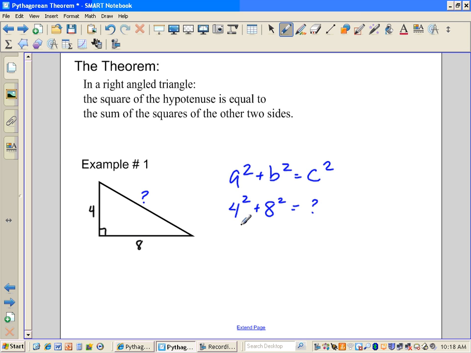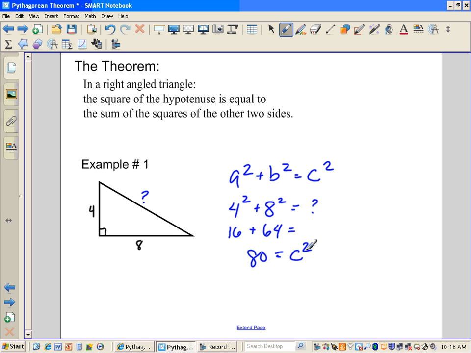Well, 4 squared is 16, 8 squared is 64. 16 plus 64 is going to be 80. That's what c squared is equal to.